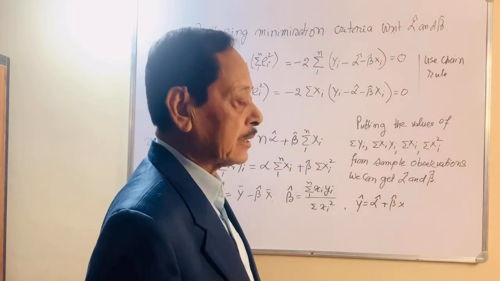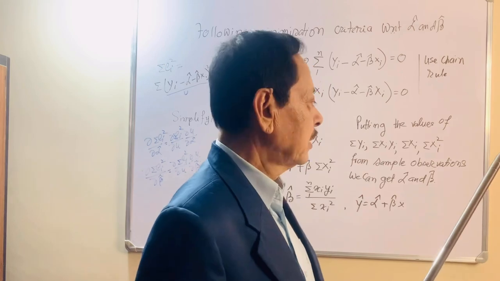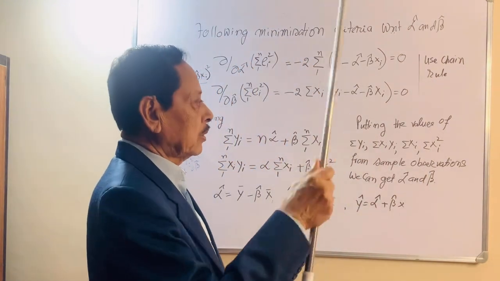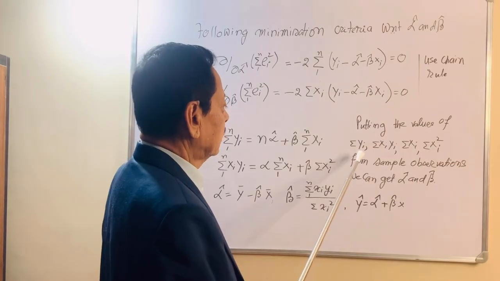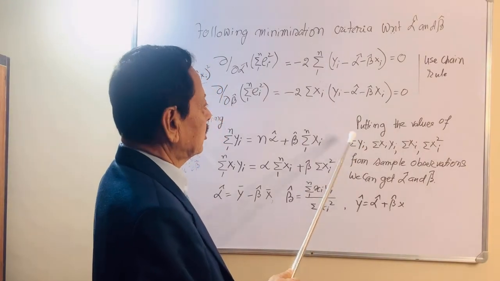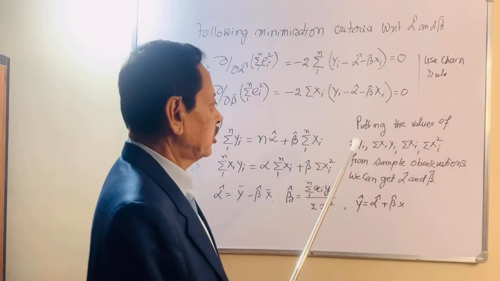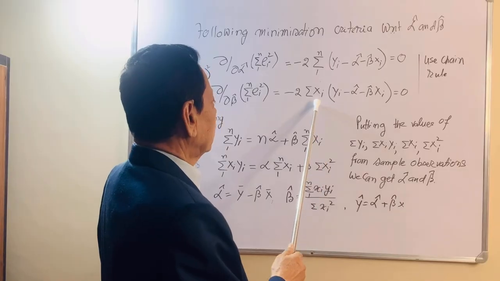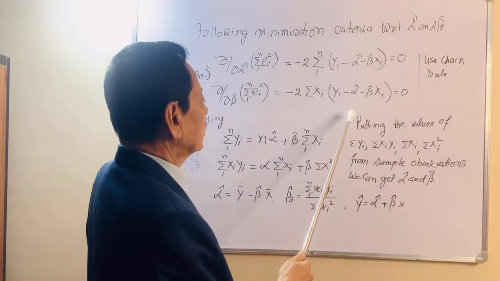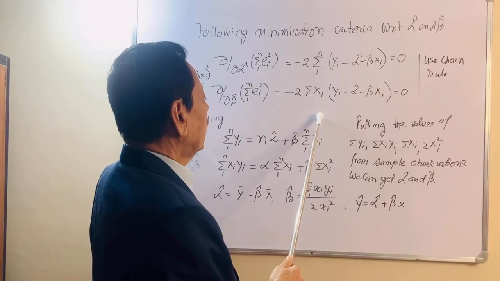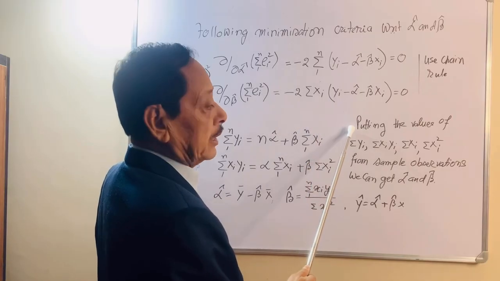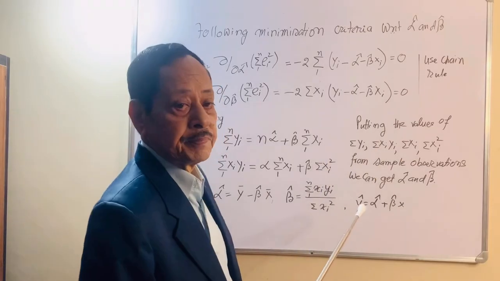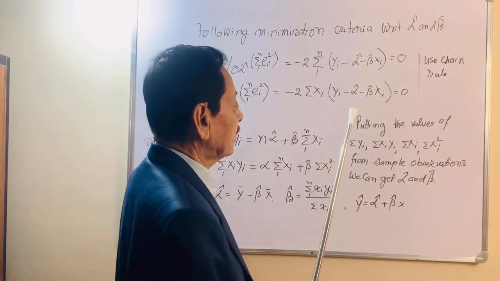So if we take the data on y and x, then sum of y, you add the series. Suppose there are n number of observations. Then summation xi yi, so you have y and x series: y1 x1, y2 x2, y3 x3, and so on up to yn xn, sum of the result.